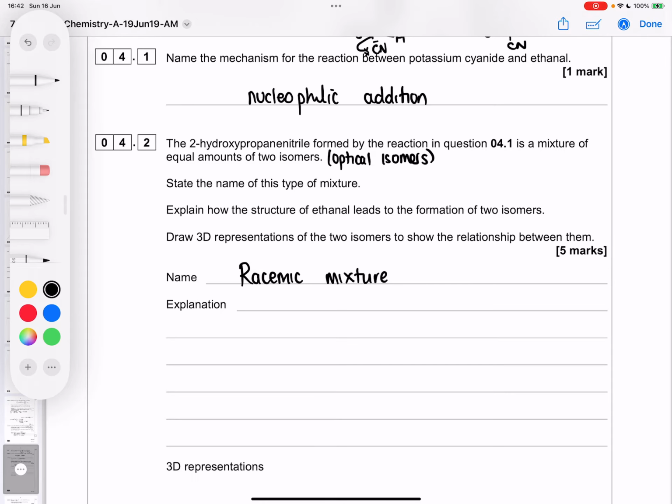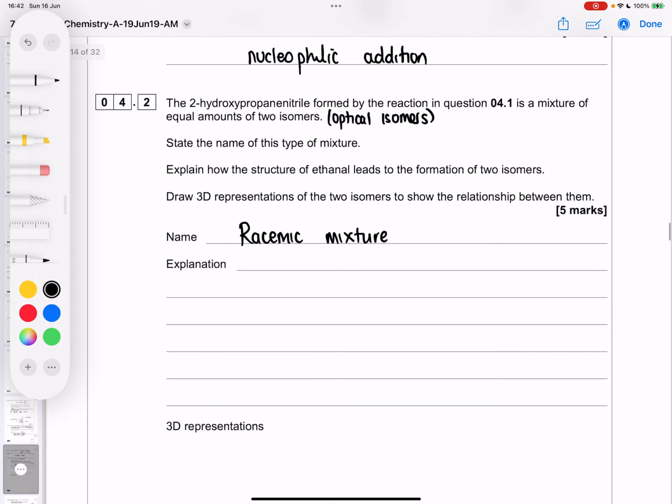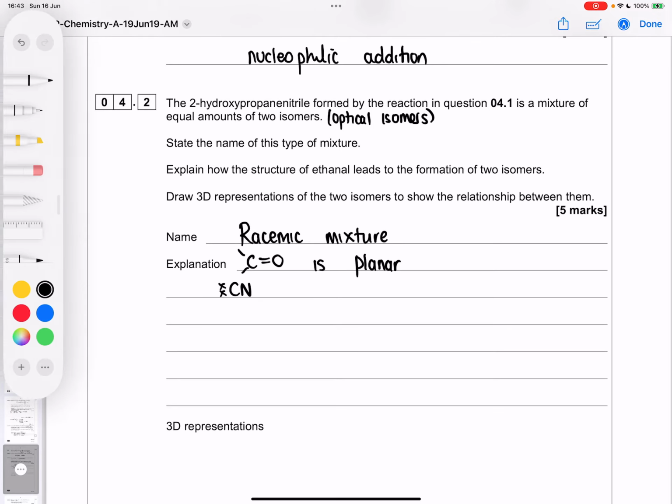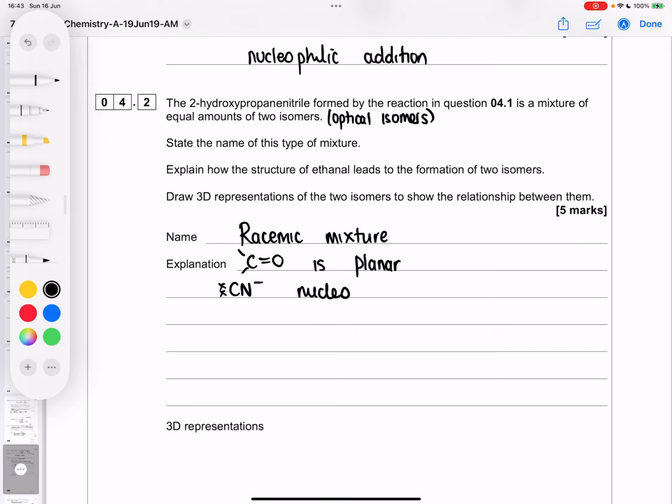And say why the structure of ethanal leads to the formation of two isomers. Well, the C=O part of ethanal is planar, and the CN- nucleophile can attack from either side, above or below, of the plane with equal probability.